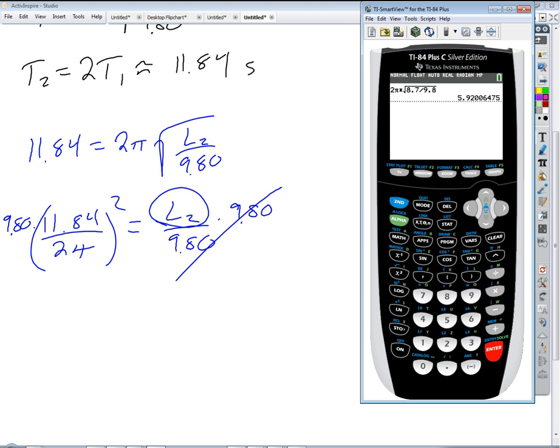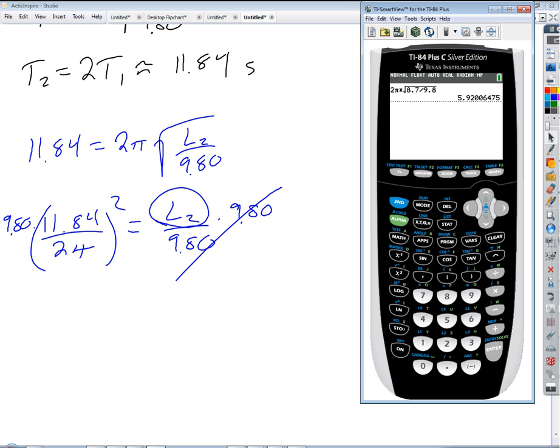Let's see, now I'm going to use the unrounded version. So we're going to get this number times 2, divided by the quantity 2 pi, that number squared, times 9.8.